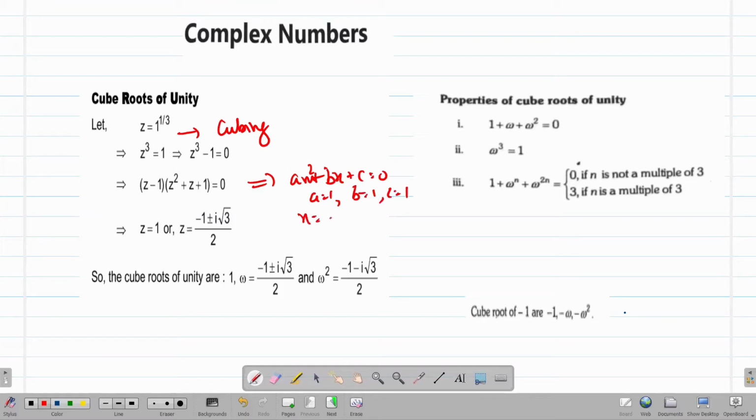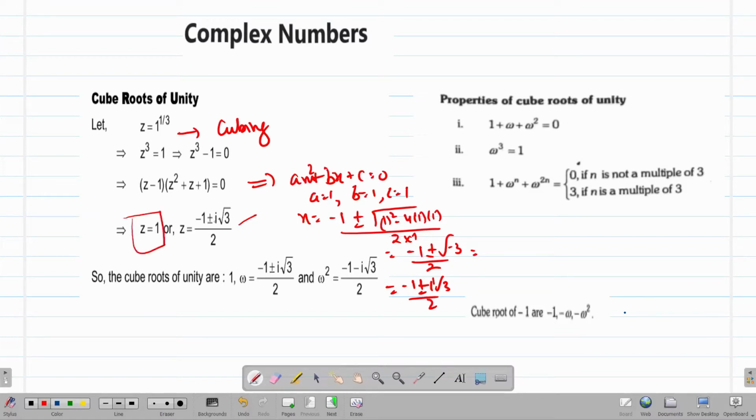So x equal to minus b plus minus root of b square minus 4ac upon 2a. On further solving, I get minus 1 plus minus iota root 3 upon 2. So these are my roots. So one root is z is equal to 1 and these are two roots.